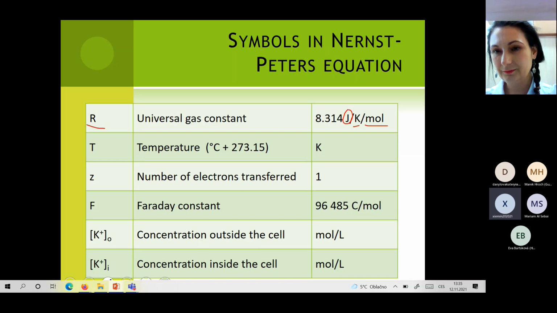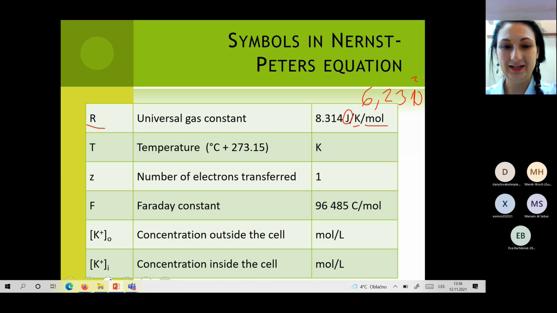It's actually the amount of particles, where 1 mole equals 6.02 times 10 to the 23. But I don't know in English. It's the Avogadro number. I know. It's okay. So Avogadro.